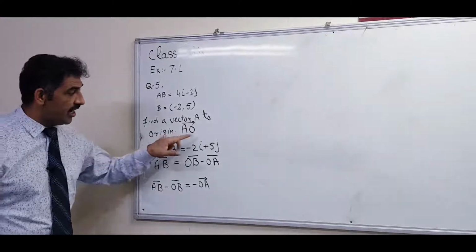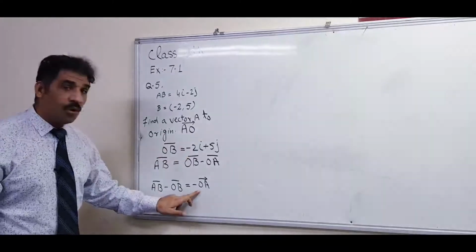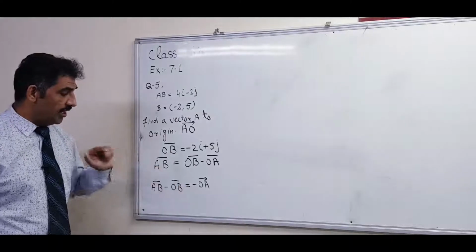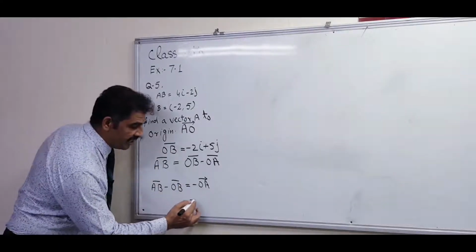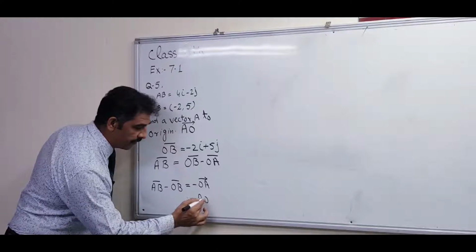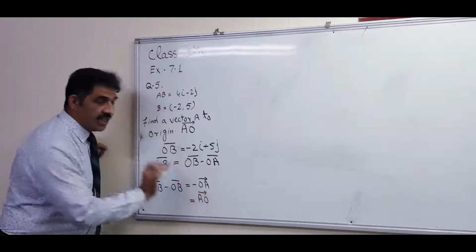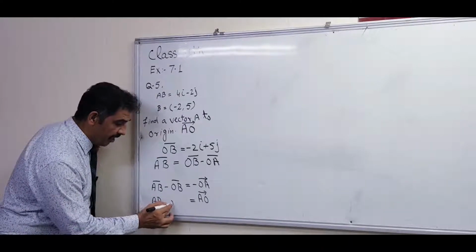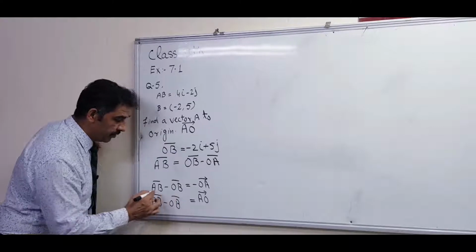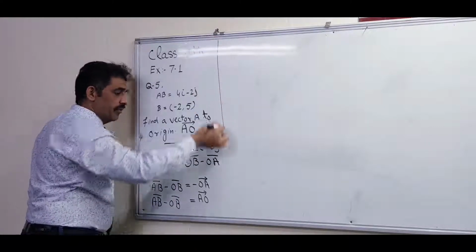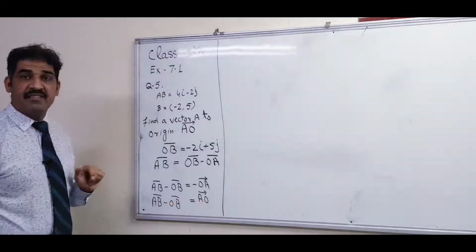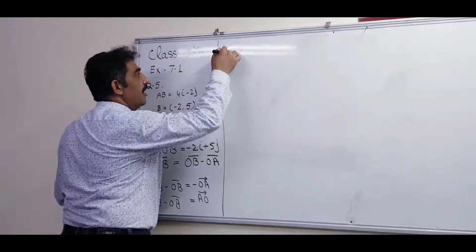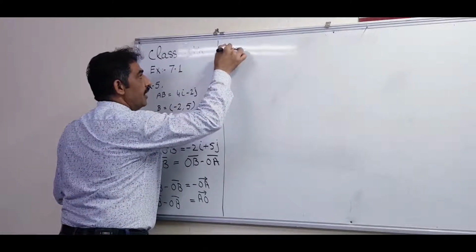Here the direction is A to O, but there it is O to A. So we need A to O. If I write A to O, this negative sign will finish, and it will become AB minus OB. Now we will put the values of AB and OB, then simplify, and we will get AO. So AO we will write here on the left hand side.